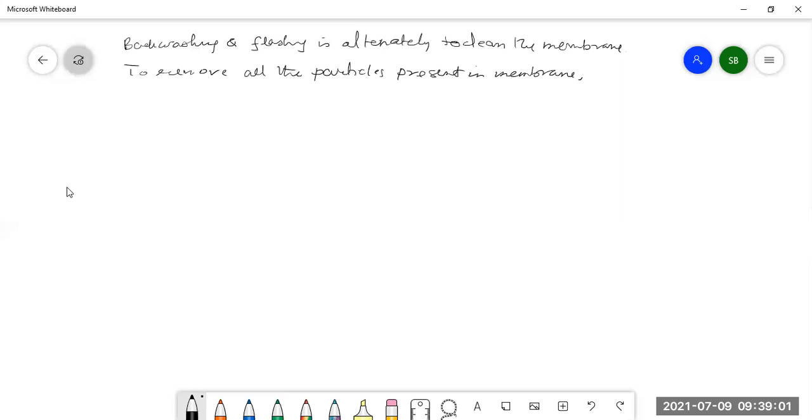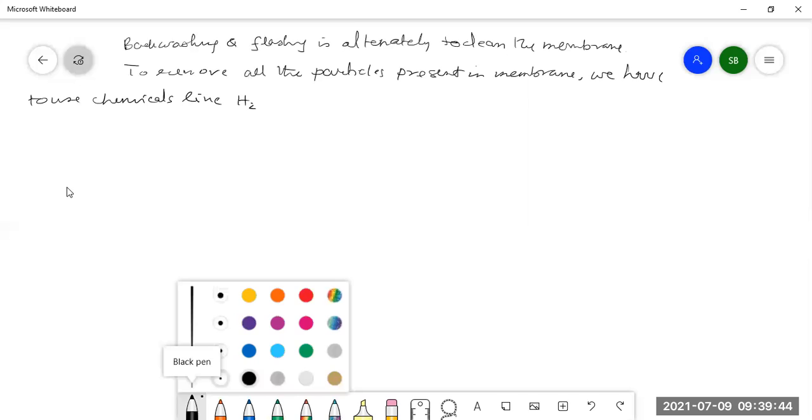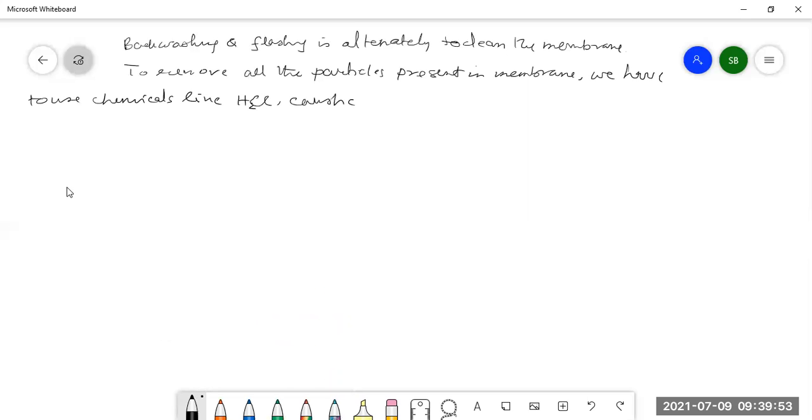We have to use chemicals like HCl, caustic soda, and NaOCl.